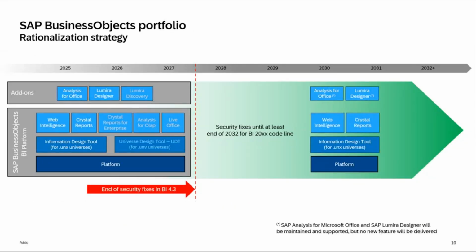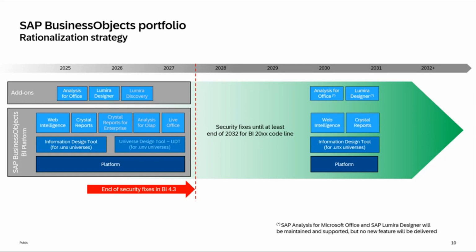Another slide which you've seen versions of is this one. The takeaway here is that some components will not be available after 4.3. So for those of you who've downloaded BI 2025, you saw that already. Namely Lumira Discovery, Crystal Reports for Enterprise, Analysis for OLAP, Live Office, and UNVs are not delivered as part of BI 2025 and will not be delivered as part of the next versions.